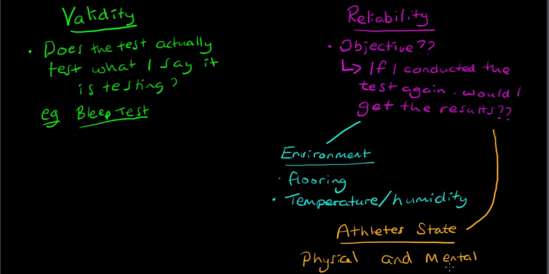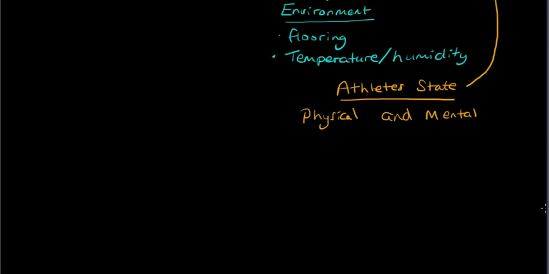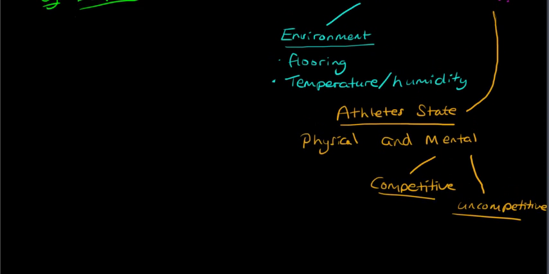Similarly, when we talk about the athlete's mental state, if on one day they are feeling really competitive and on the next day they're not feeling so competitive, so they're uncompetitive, how would that affect the results differently?